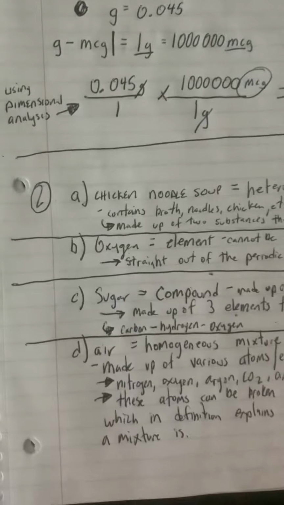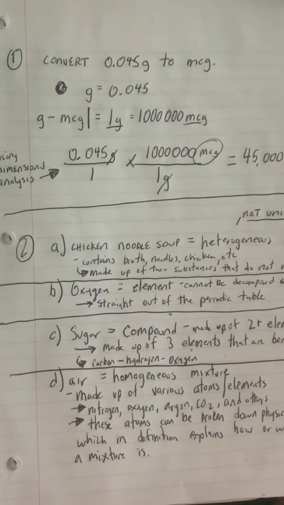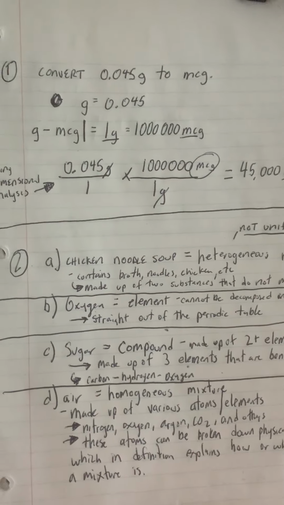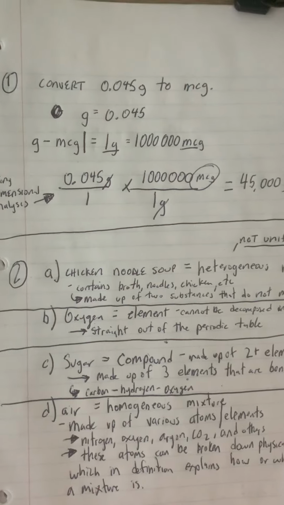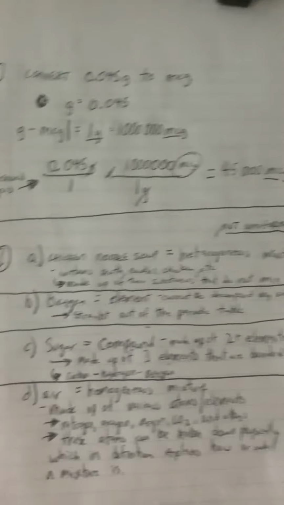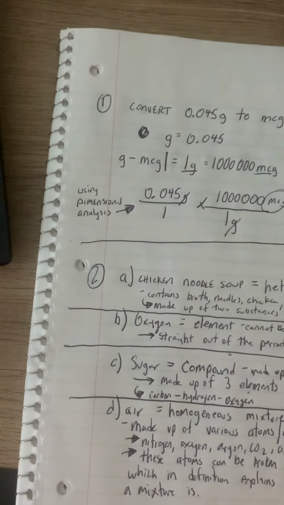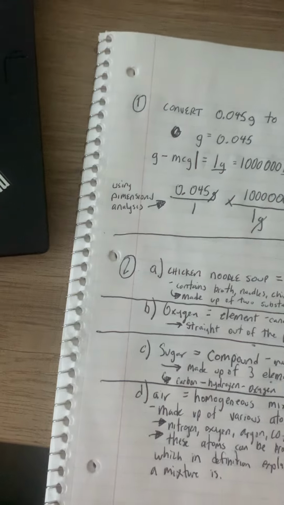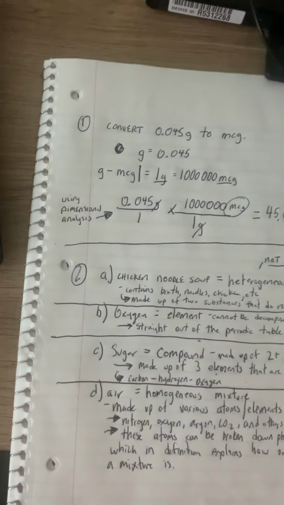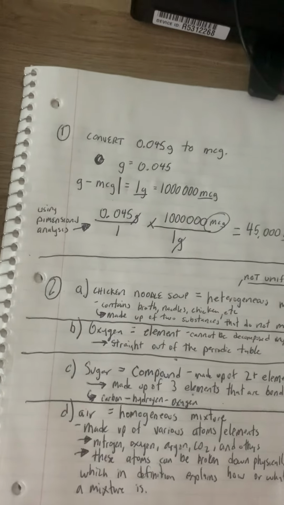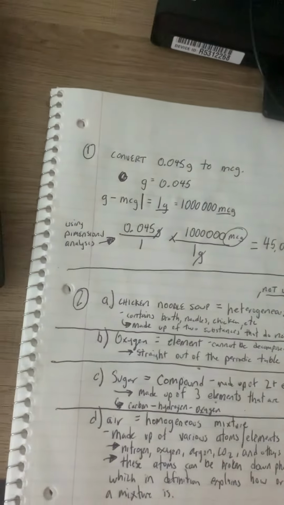And then going to C, you got sugar, which is a compound, and that one is C12H22O11. So that one was pretty simple to find out. It is made up of 2 or more elements, using the definition of it. And this one's made up of 3 elements that are bonded, which is carbon, hydrogen, and oxygen.